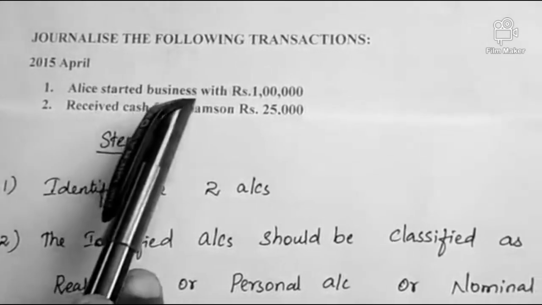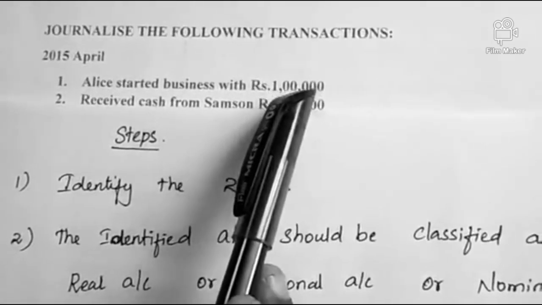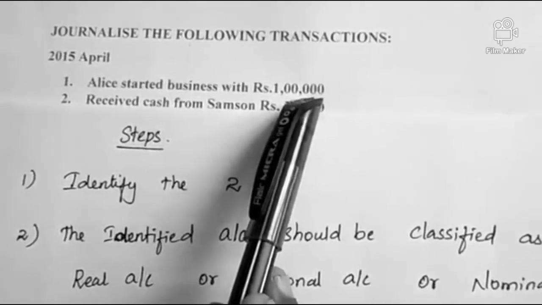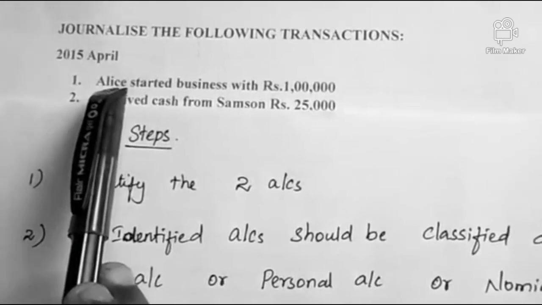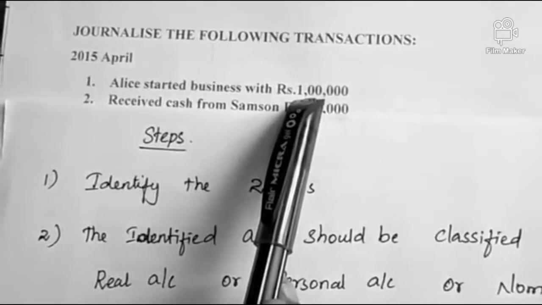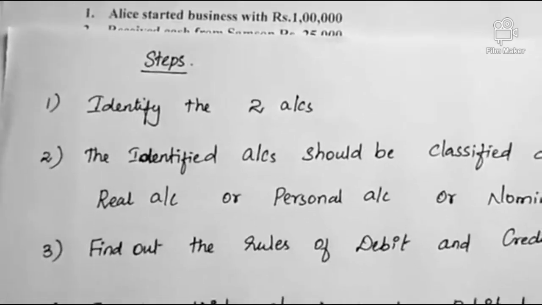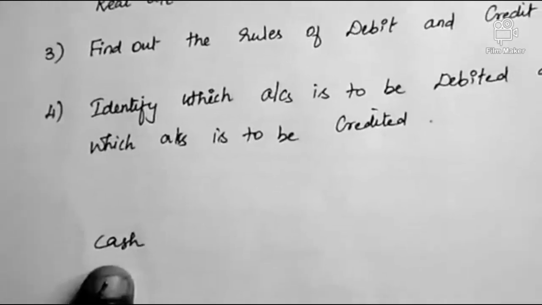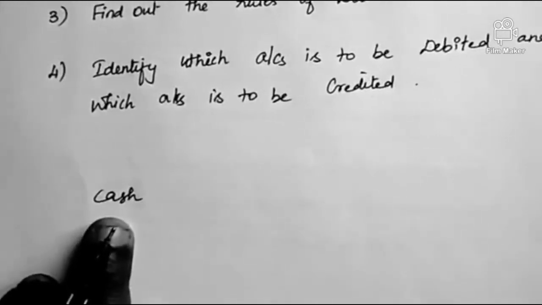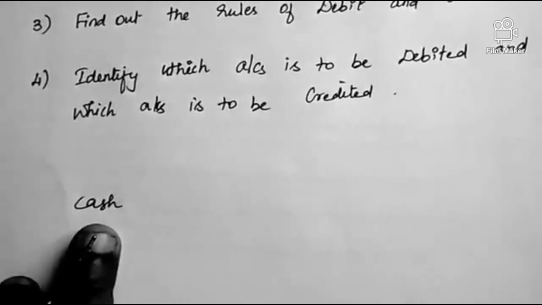Identify the 2 accounts. What are the 2 accounts involved in this transaction? Alice started business with 1 lakh. 1 lakh rupees cash invested by Alice. Alice is a proprietor. She invested 1 lakh rupees for her own business. The first account is cash. She invested cash of rupees 1 lakh and this amount is capital for the business.